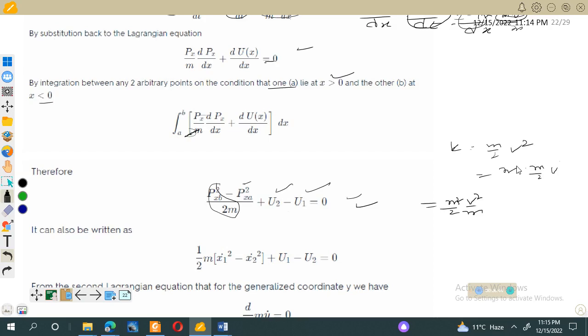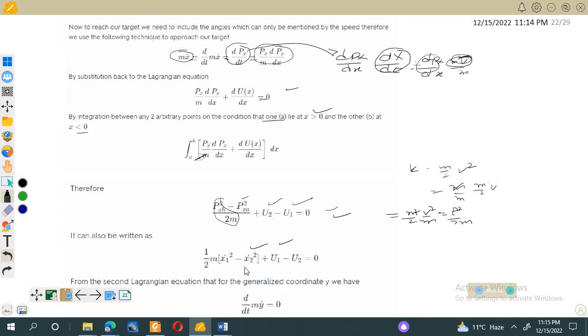I have multiplied this m with m, so m times m makes m square, and with v square it can be written as p square over 2m. So we can write this px square over 2m as kinetic energy, m over 2 x1 dot square minus m over 2 x2 dot square, u1 minus u2.